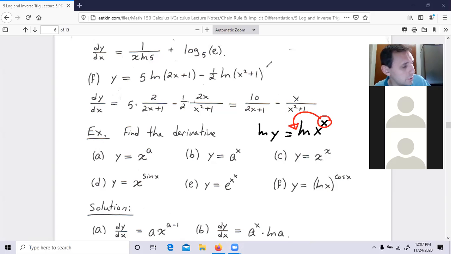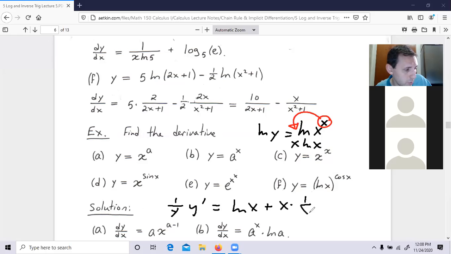So then you have that derivative of ln of y is 1 over y times y prime, which will equal the derivative of x ln x. Derivative of product here, it's ln x plus x multiplied by 1 over x, which is ln x plus 1. Good? Ln x plus 1.